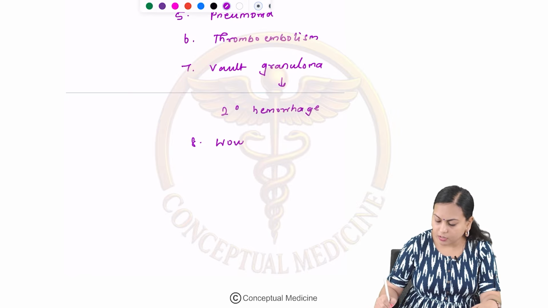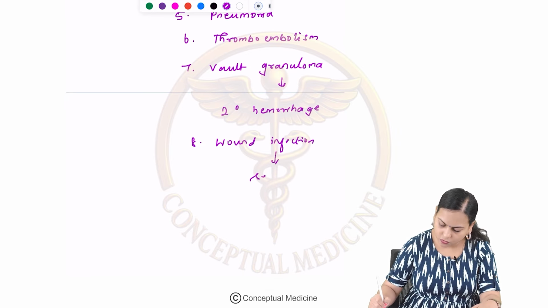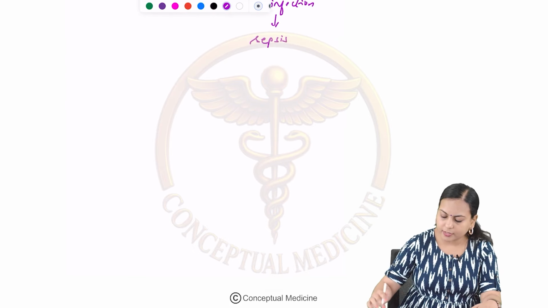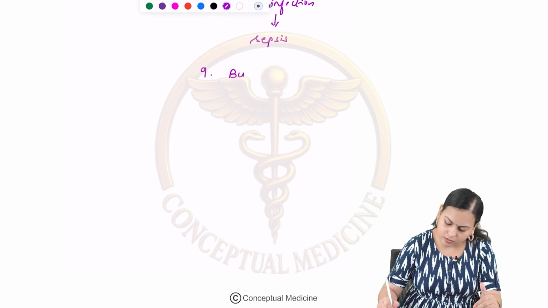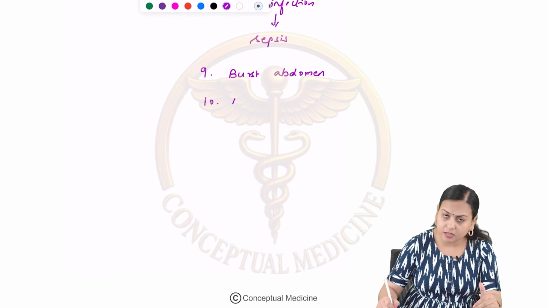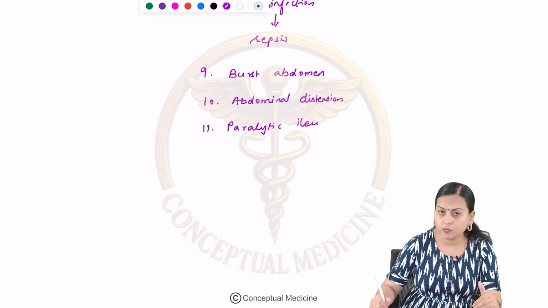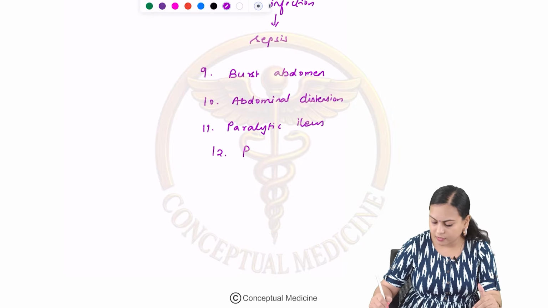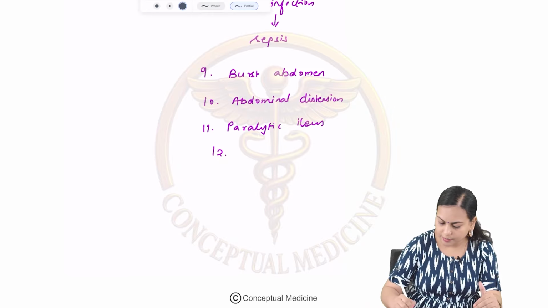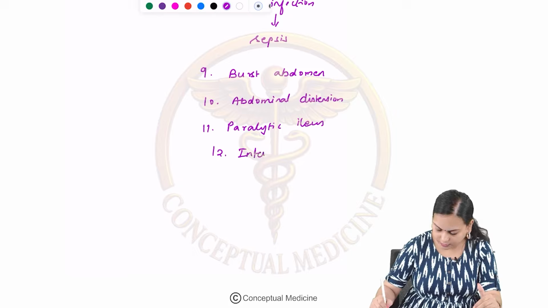There can be wound infection which can lead to wound sepsis, or there can be chances of burst abdomen, abdominal distension, and paralytic ileus is also possible, which can present with intestinal obstruction as well.